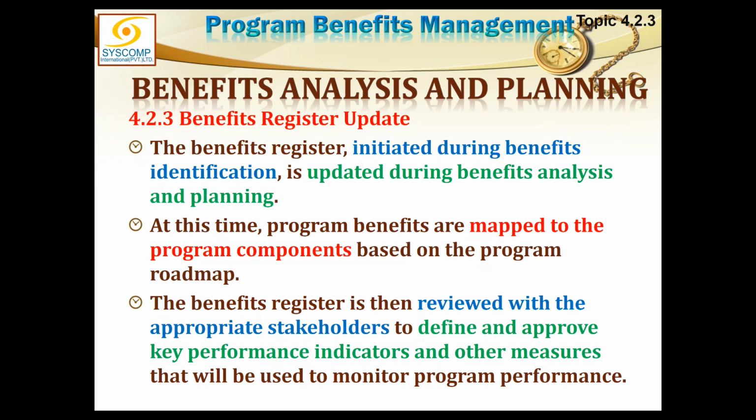The benefit register initiated during benefit identification is updated during benefit analysis and planning. At this time, the program benefits are mapped to the program components based on the program roadmap. So now it is exactly in accordance with the program roadmap. This is the amendment we might have in that. The benefit register is then reviewed with the appropriate stakeholders to define and approve key performance indicators.